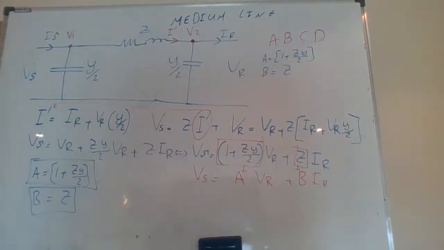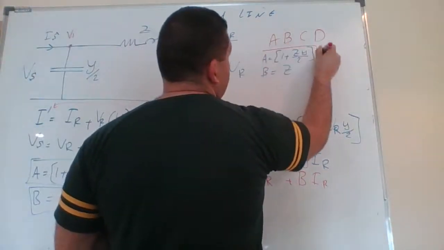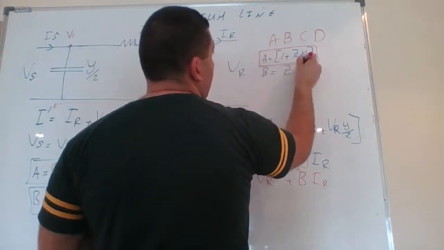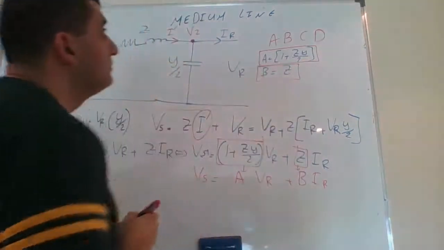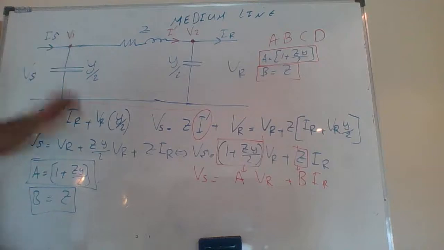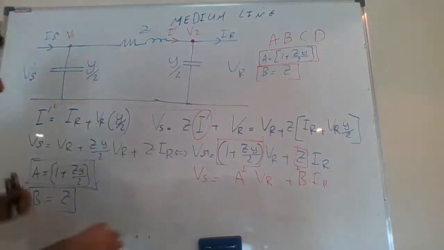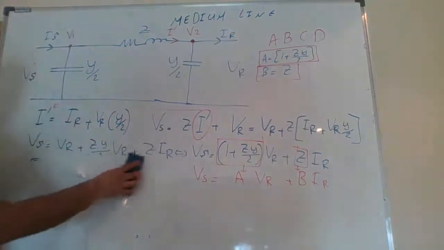Okay. So now we already found A and B. Great. Now I need to find IS to find C and D. Okay, let's read this one.